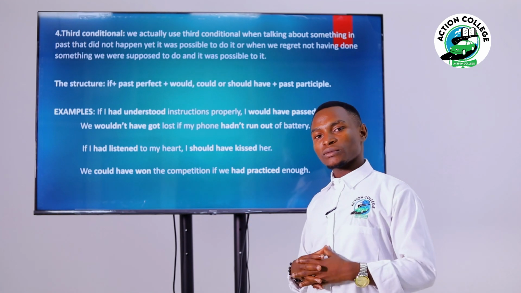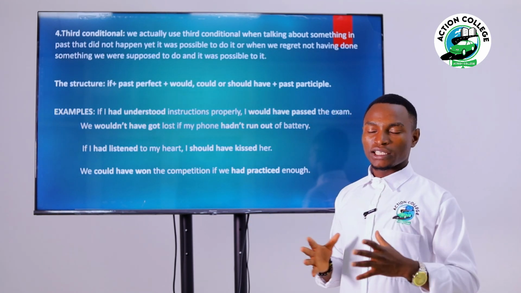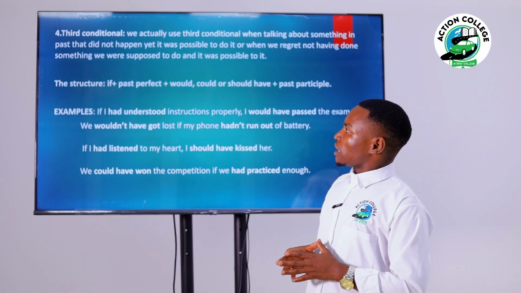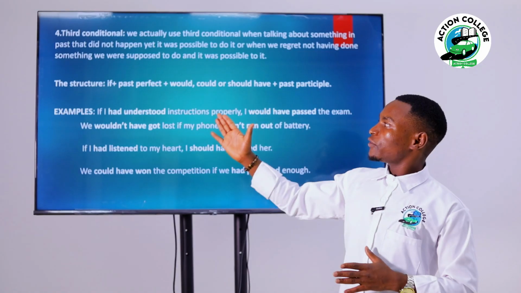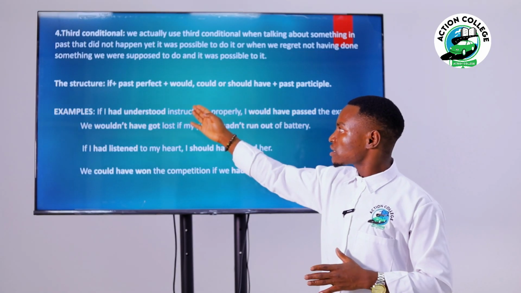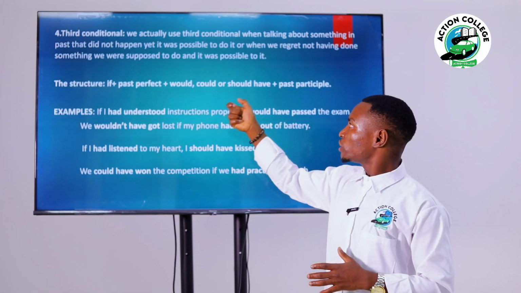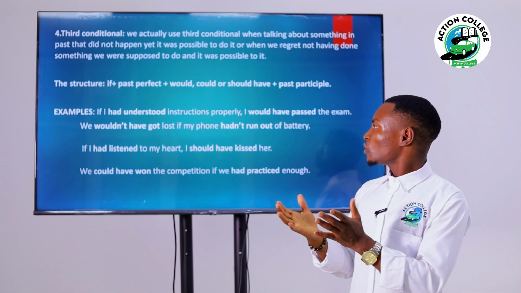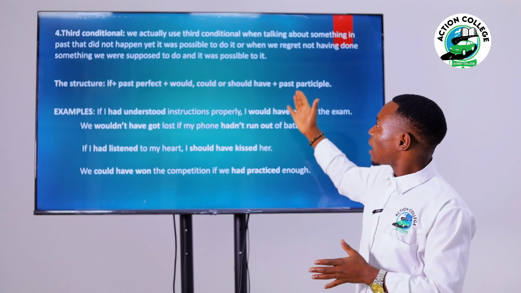In other words, we are regretting not having done it. The structure of this type is if plus past perfect, then modal verbs would, could, or should, plus have, then past participle.